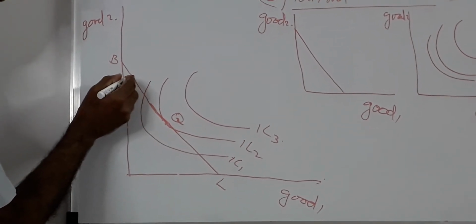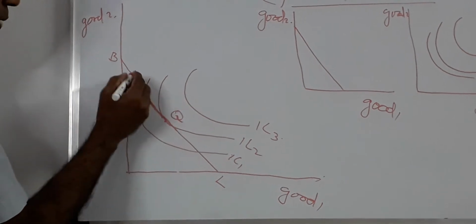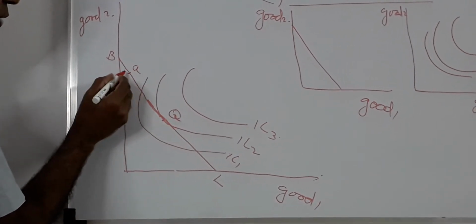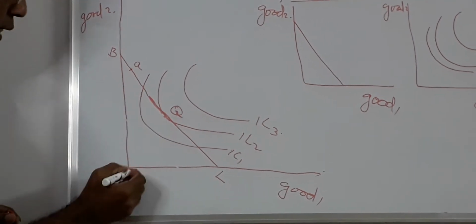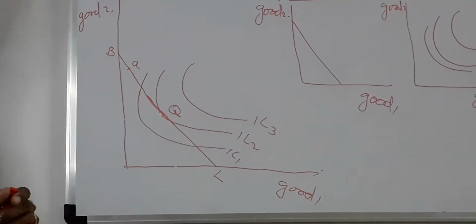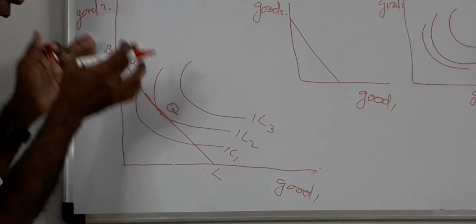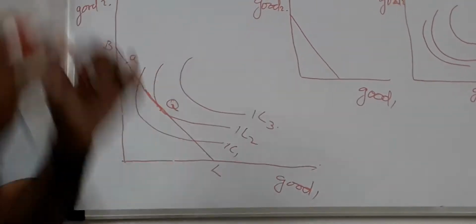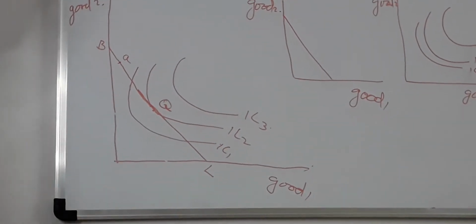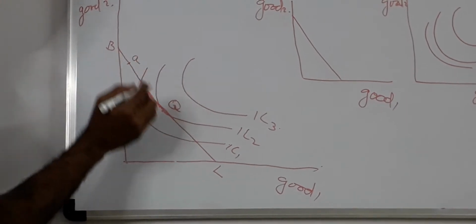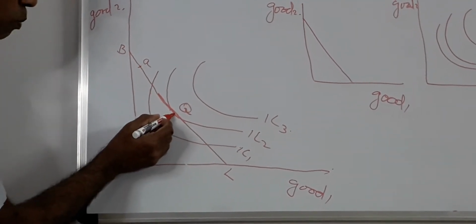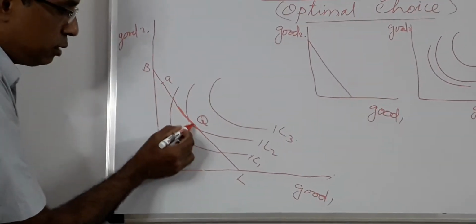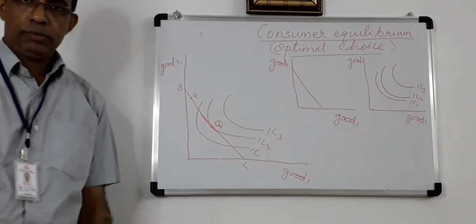The consumer can purchase this bundle, or bundle A, where he purchases this much of good 2 and this much of good 1. Which bundle gives him maximum satisfaction? A consumer gets maximum satisfaction when he purchases a bundle where his budget line is tangent to an indifference curve.